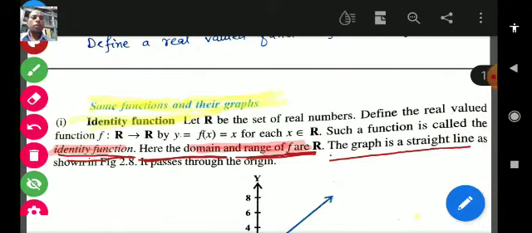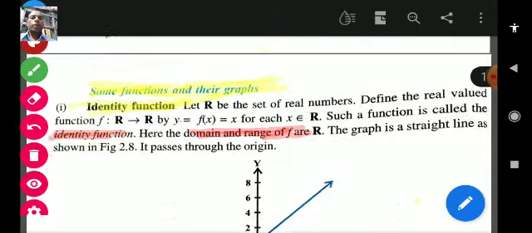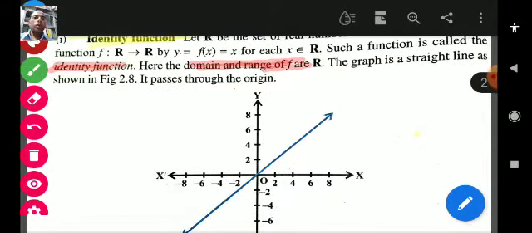The graph is a straight line, as shown in this given figure, which passes through the origin. So this identity function will be a straight line in the Cartesian coordinate plane.